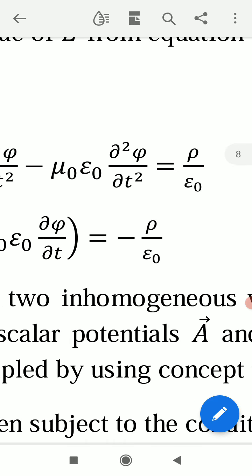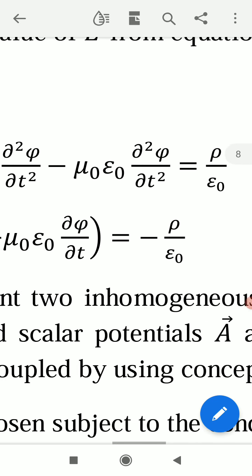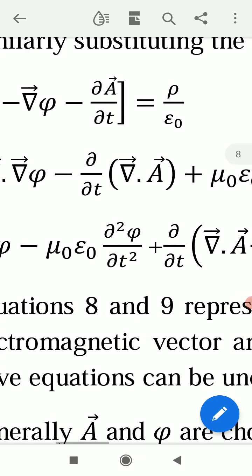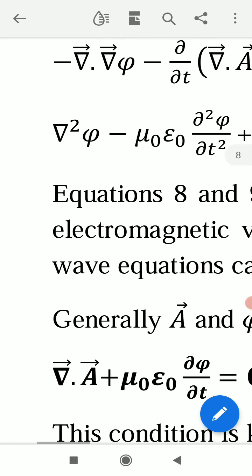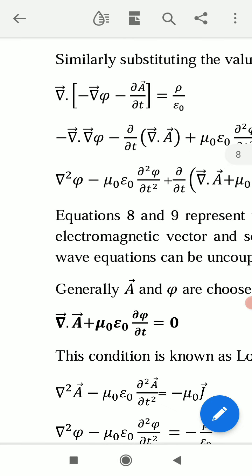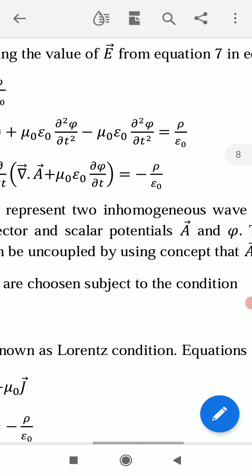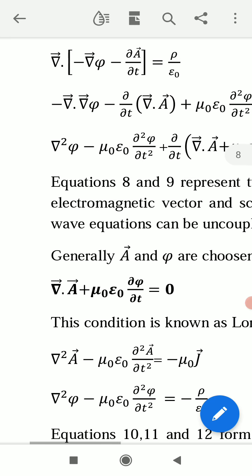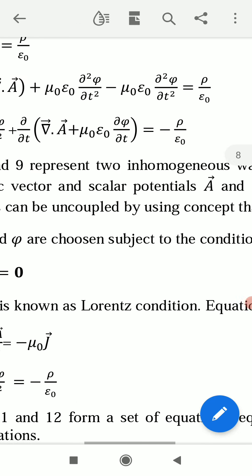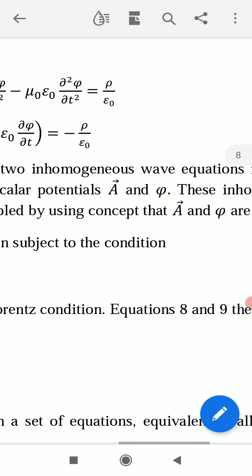Rho upon epsilon 0 is taken to left hand side, and the other terms of left hand side are taken to right hand side, so their sign change. Equations 8 and 9 represent two inhomogeneous wave equations in terms of electromagnetic vector and scalar potentials A and phi.